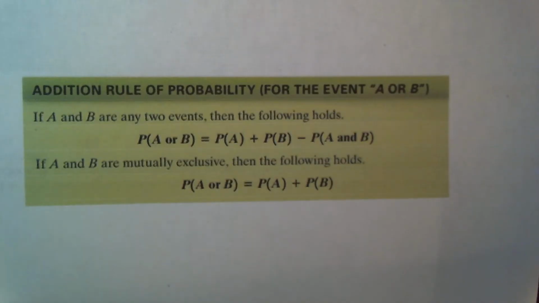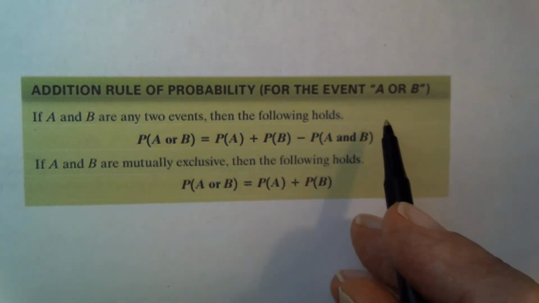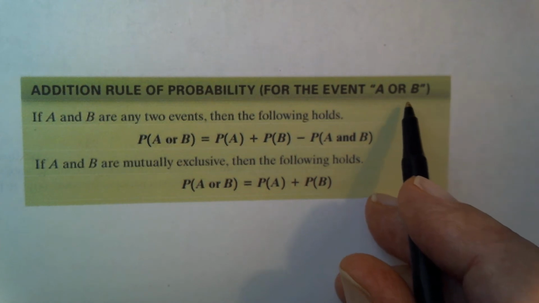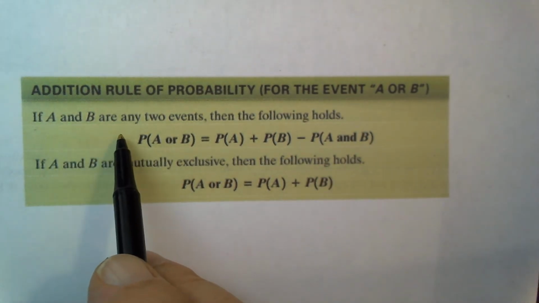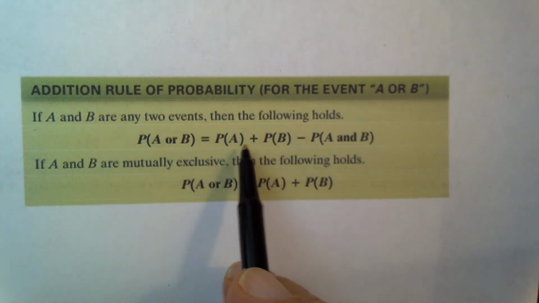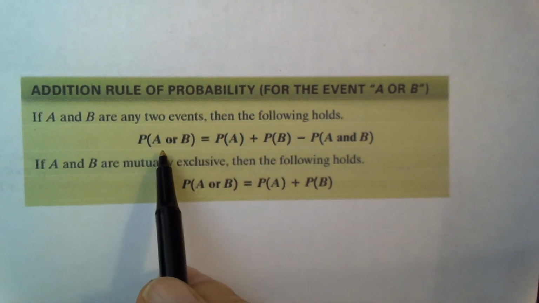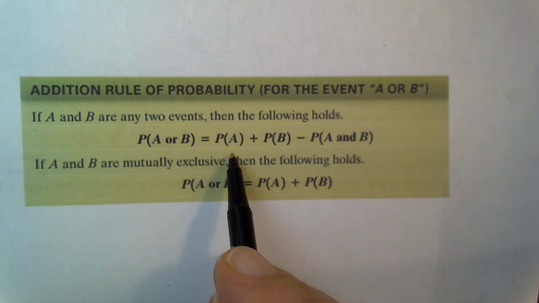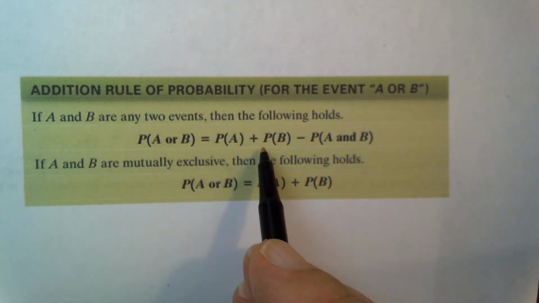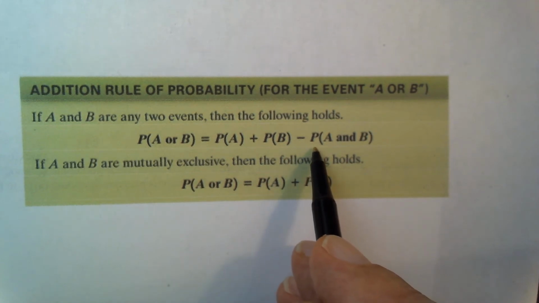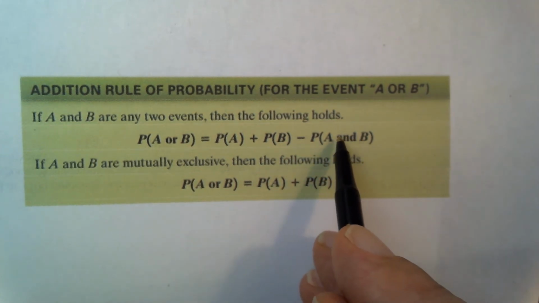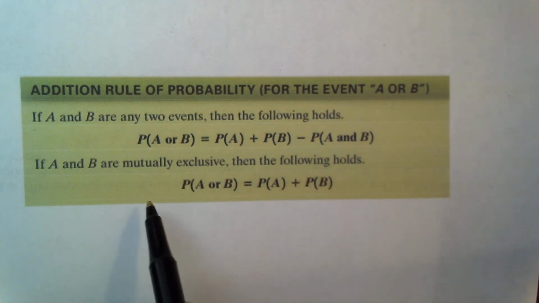This now brings us to a very important addition rule of probabilities for events A or B. For the event A or B, if A and B are any two events, then the following holds. The probability of A or B is equal to the probability of A plus the probability of B minus the probability of A and B, in other words, elements they have in common.